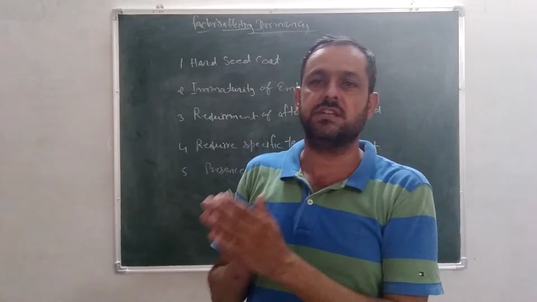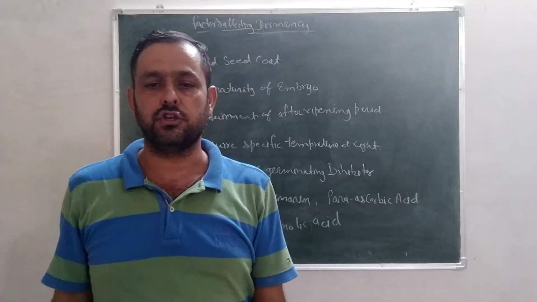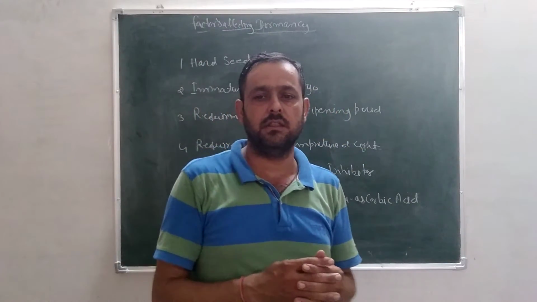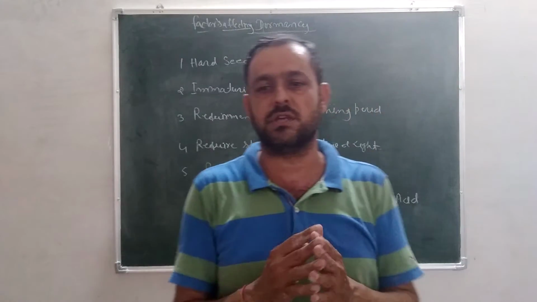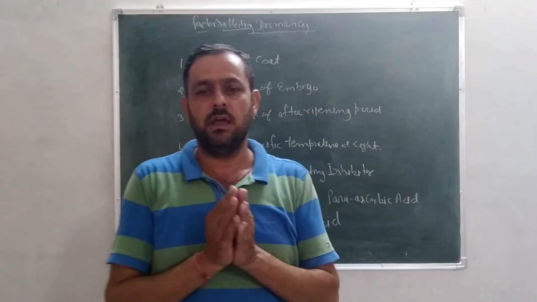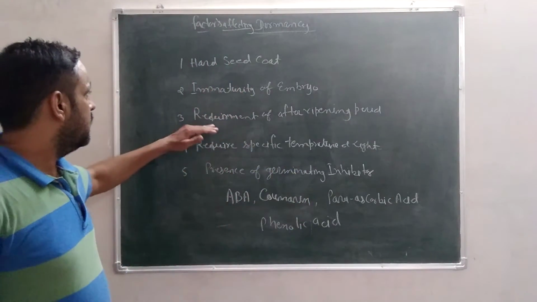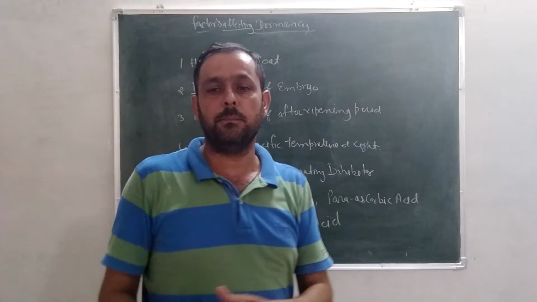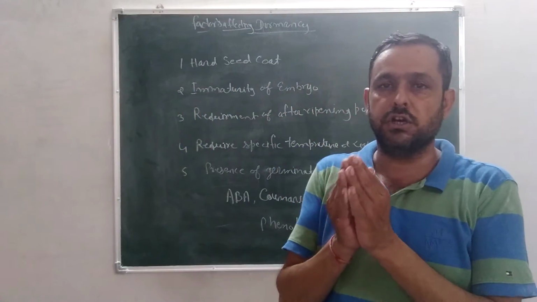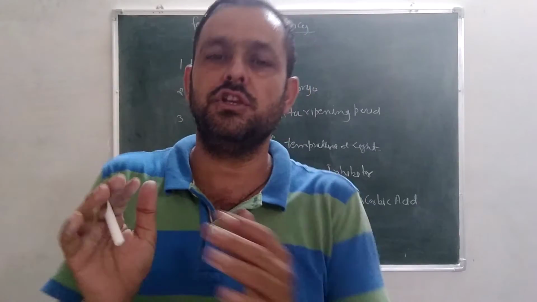In many plants the seeds are dispersed before the embryo matures. Hence, germination in these seeds is not possible unless the seed matures. Examples: ginkgo biloba, nitum.